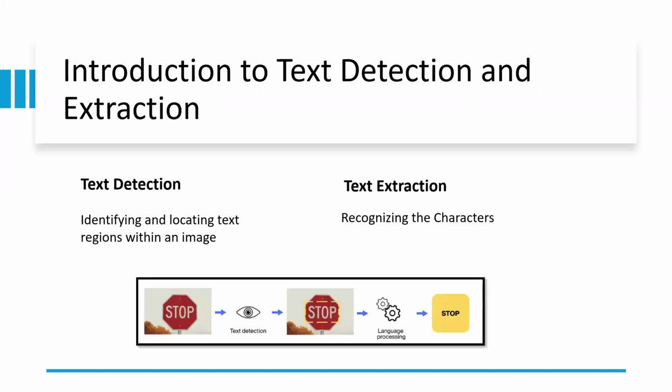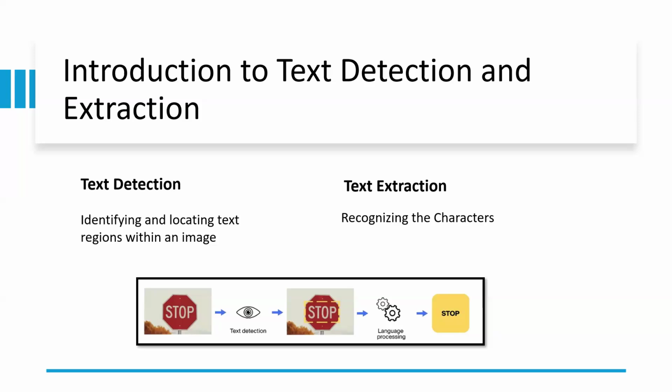There are two main parts when we are looking at the image: text detection and text extraction. As you can see in the image, for a human eye, we know there are 4 characters. It's a stop sign, and STOP has 4 characters. But out of the whole image, there is a region where that particular word is located.